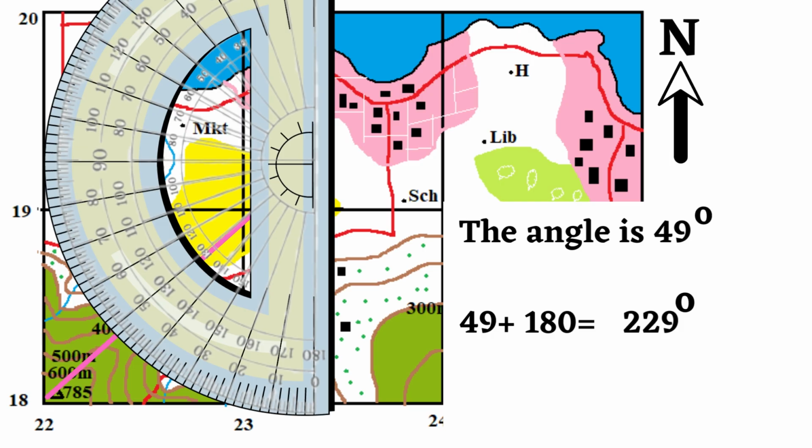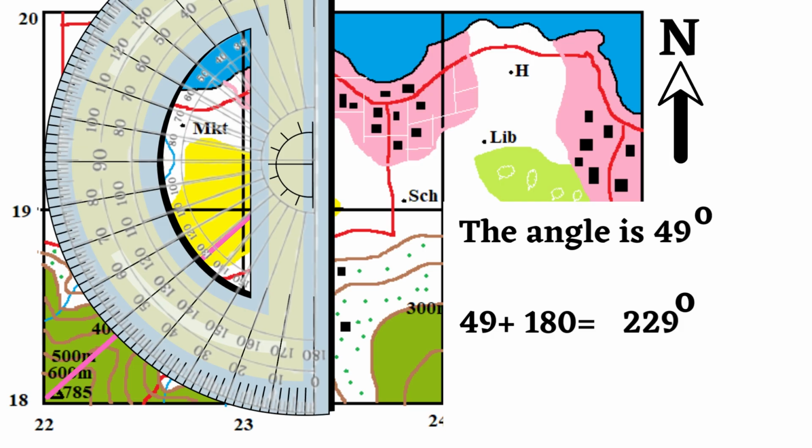229. So when you're doing angular bearing, in order for you to get the correct answer, you have to remember the rules, and you have to make sure that you use a protractor. You can't just assume, and how you turn your protractor is also important.